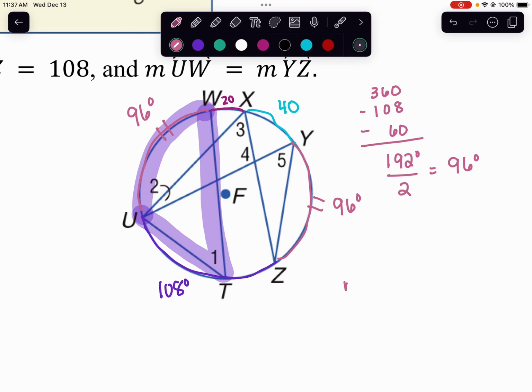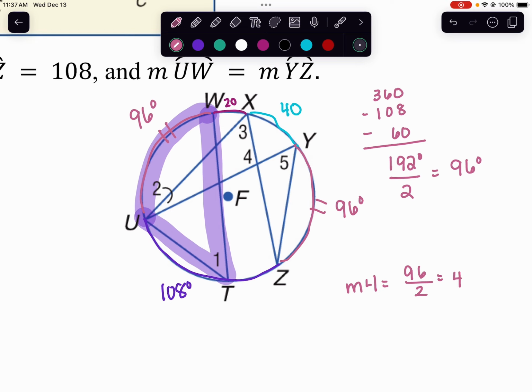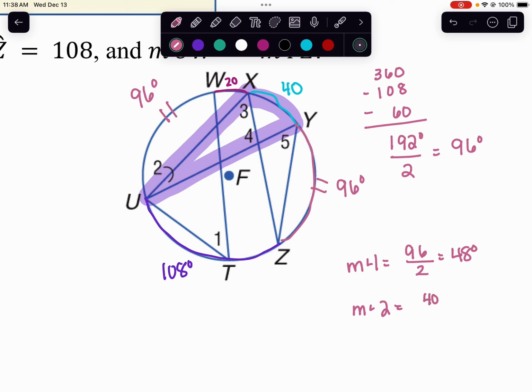For the measure of angle 1, I just need to take half of 96, and that should be 48 degrees. Now angle 2 goes from here to here, which means 40 is in the middle. So the measure of angle 2 is half of 40, which is 20 degrees.